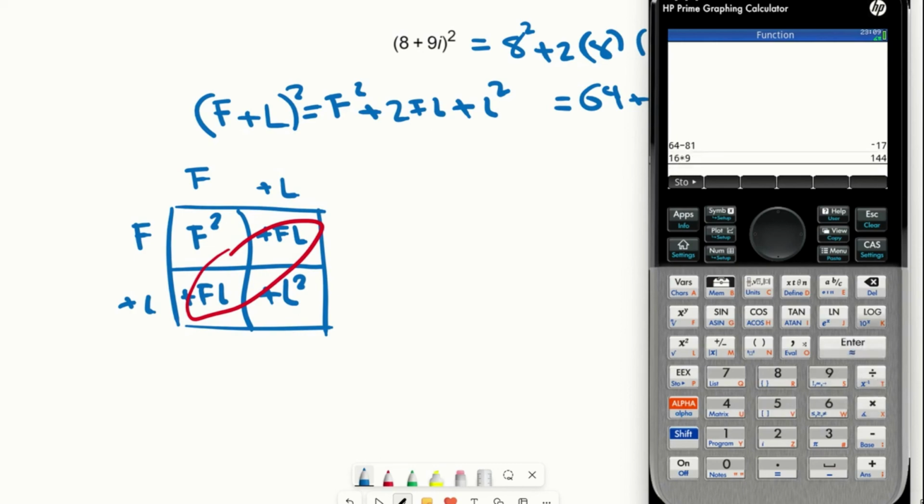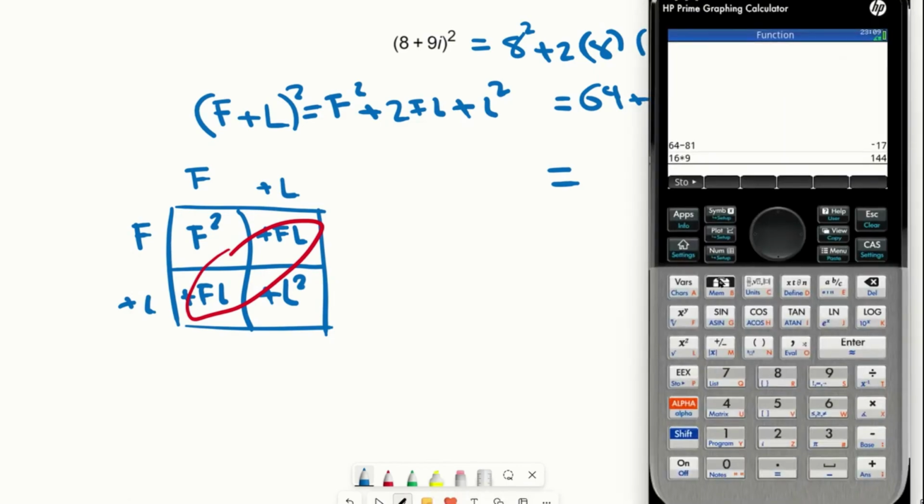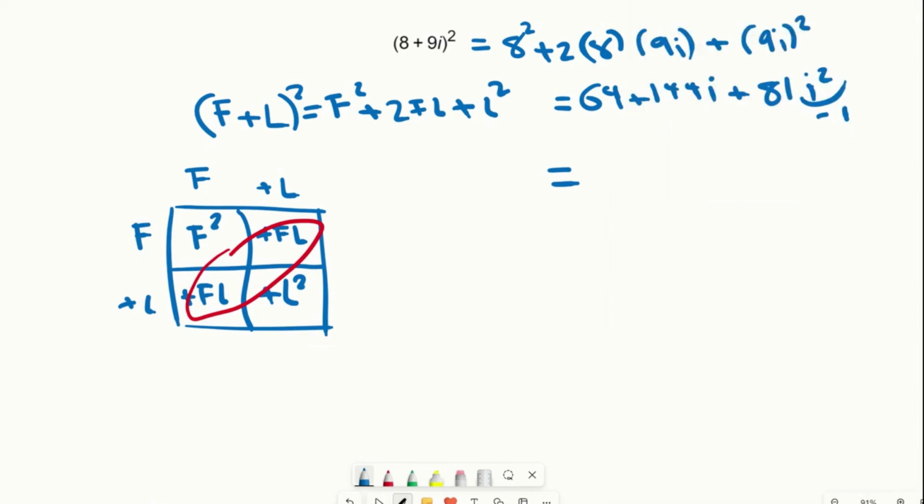Okay, and plus 9 squared is 81, and i squared is just i squared, which we know is -1. So we end up with 64 minus 81, which I believe we did earlier, right? -17 plus 144i. So that's one way.